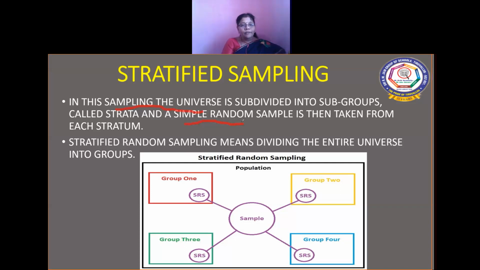While doing this, we have to keep two things in mind. First, there should be as great a homogeneity as possible within each stratum, that is, within each group. And second, there should be as marked a difference as possible between the strata.